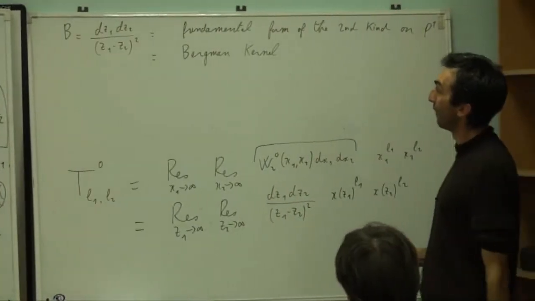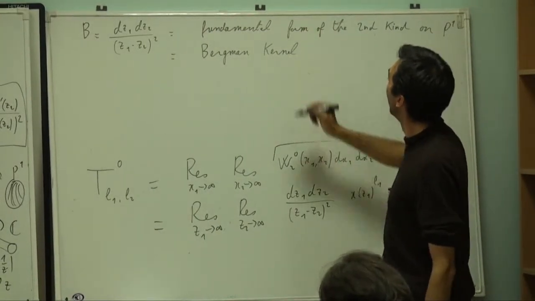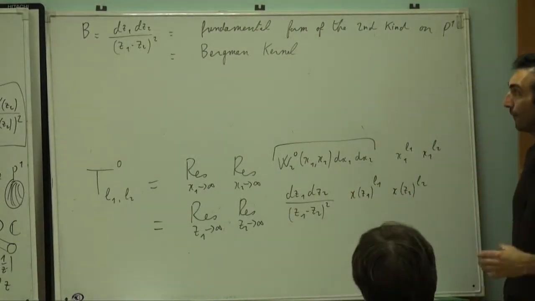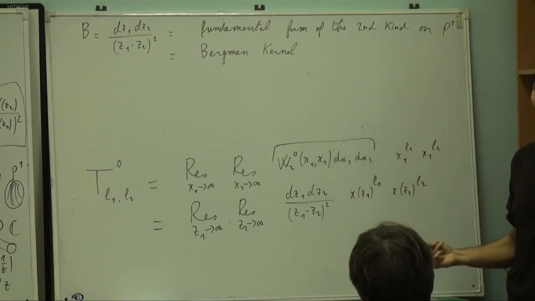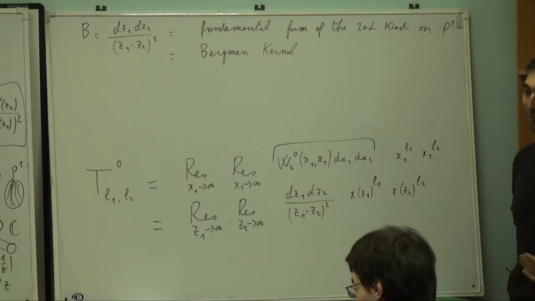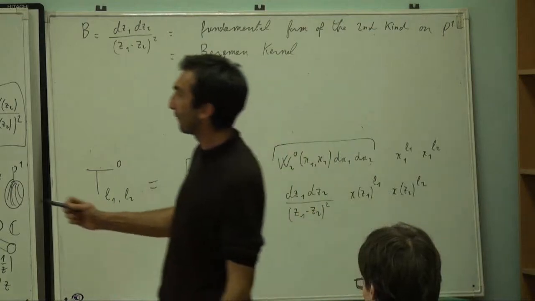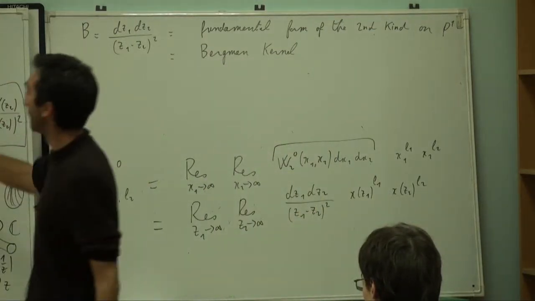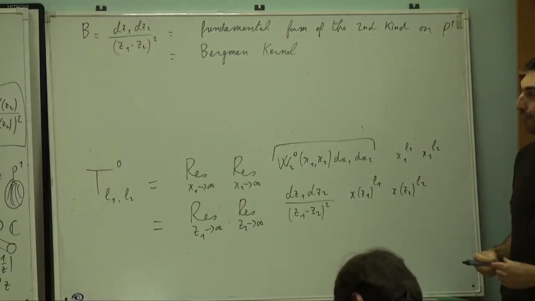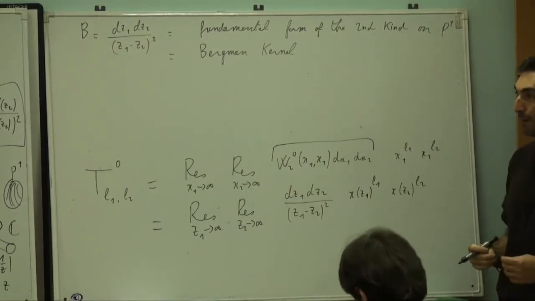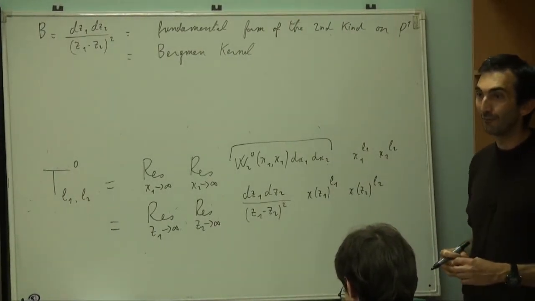And then the fundamental form of the second kind is replaced by the Weierstrass function, which is the only function on the torus having a double pole, no other pole. But the fact that the two-point function is the Bergman kernel is a general result. It's valid not only for simple maps, it's valid for maps with an Ising model, maps with an O(n) model, for many sorts of maps.